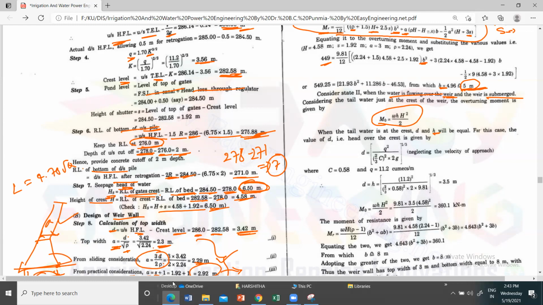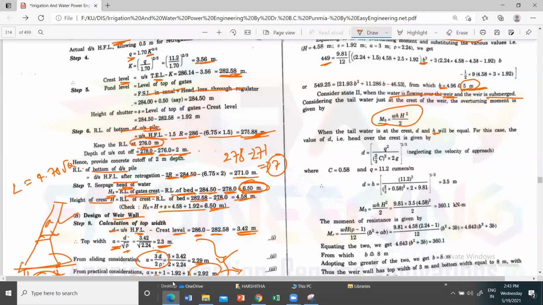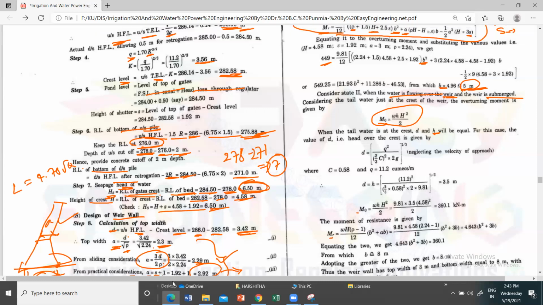That is the overturning moment, and this is the resisting moment formula. Same concept: overturning moment will be equal to resisting moment for equilibrium.